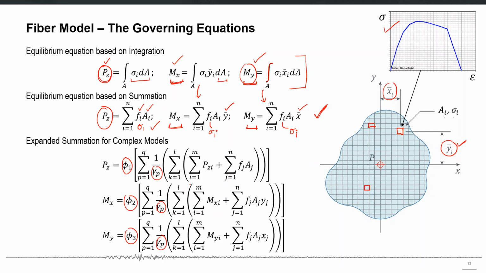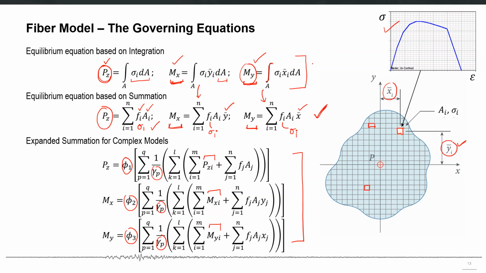And if there is any pre-existing axial force or pre-existing moments in two directions, those can also be added to this equation. And now we have these three comprehensive stress resultant equations which can be applied to any general cross section, and those cross sections can have any shape and can have any number of materials.